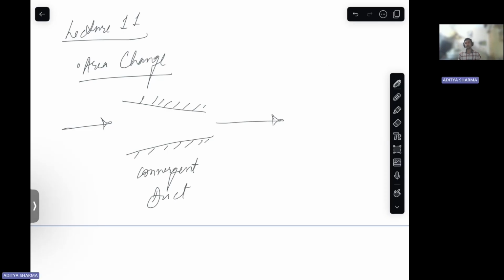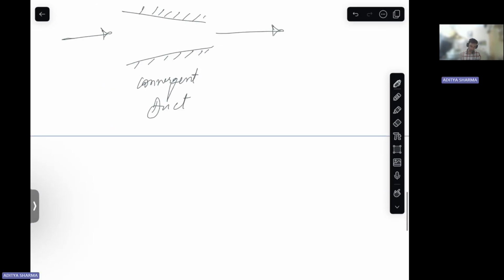As the fluid moves in a convergent duct, if it is subsonic, the fluid will accelerate as it moves in this duct, right? And with increase in the velocity of the fluid, the pressure drops, right?